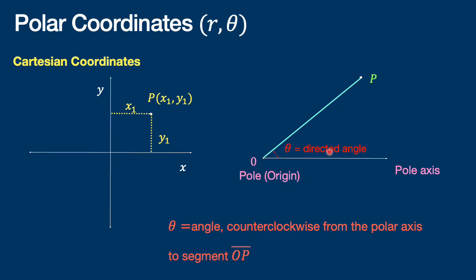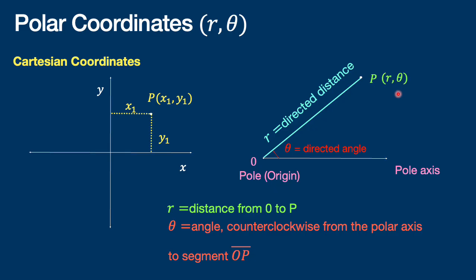That's the angle. Then we define r, the distance between O and P. Then we define the polar coordinates, r and theta. Don't mess up the order. r is first, angle is second.